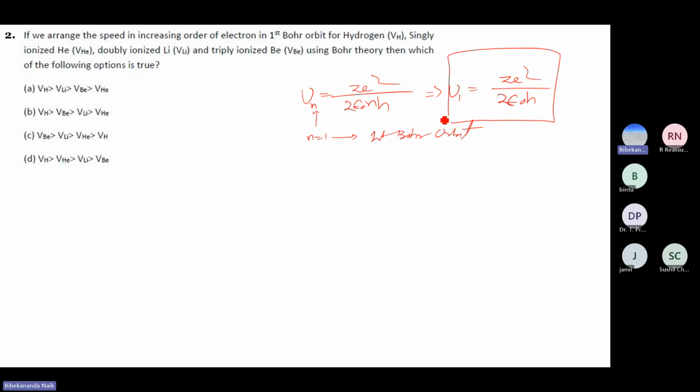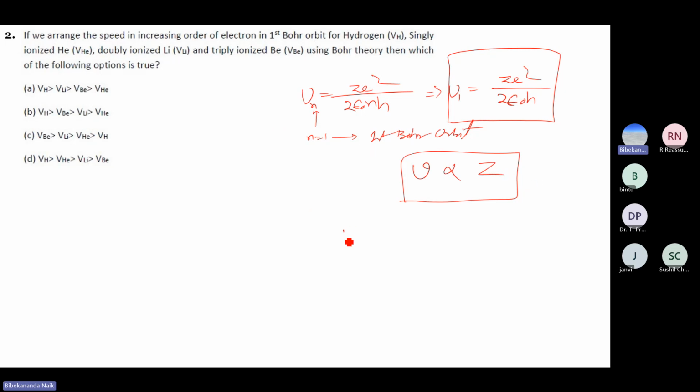Which quantity is variable in this expression, so that the speed will change when that variable is changing? Yes, the speed is directly proportional to Z, because all other quantities are constant or we know their values. So for the first Bohr orbit, the speed will be directly proportional to the atomic number.